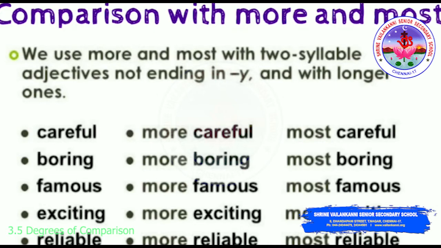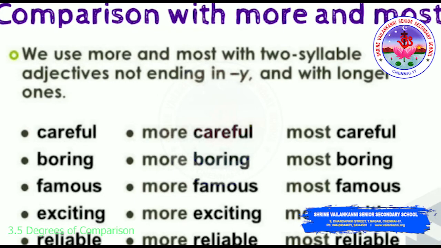Then the words which end with able, like comfortable, valuable, sensible and all. When you are using more and most, check whether the adjective has 3 or more syllables. If they have 3 or more syllables, you form them by adding more and most.